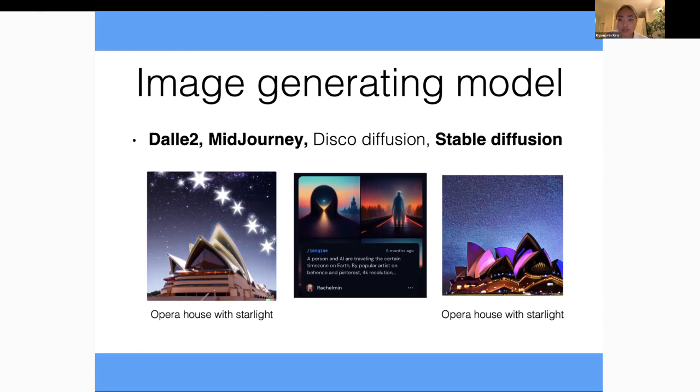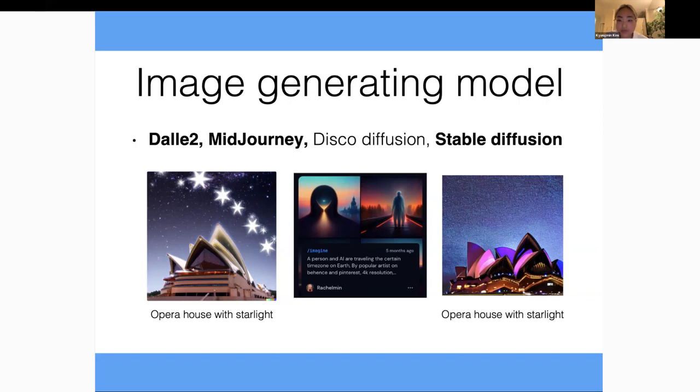AI image generating models generate images of different styles depending on the dataset, algorithm, and function used for training. Moreover, the user can adjust parameter values to change styles. DALL-E 2, made by OpenAI, one of the famous companies, is a developed AI generator.